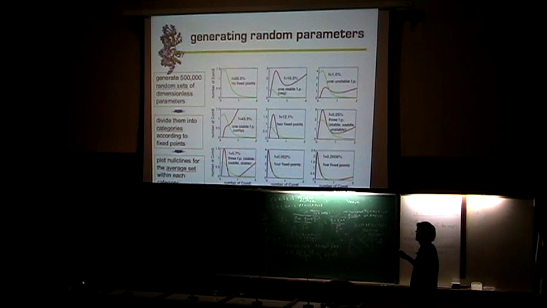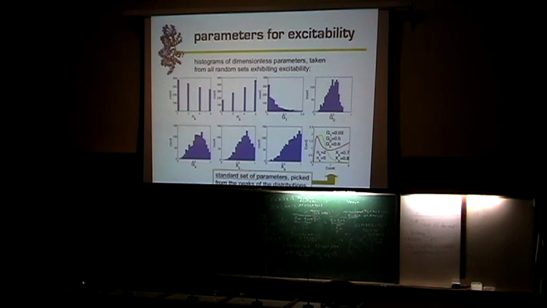Then we took all the sets of parameters that showed one stable and one unstable fixed point, the kind of behavior we wanted. Here's a histogram of which parameters show the excitable behavior we're interested in.